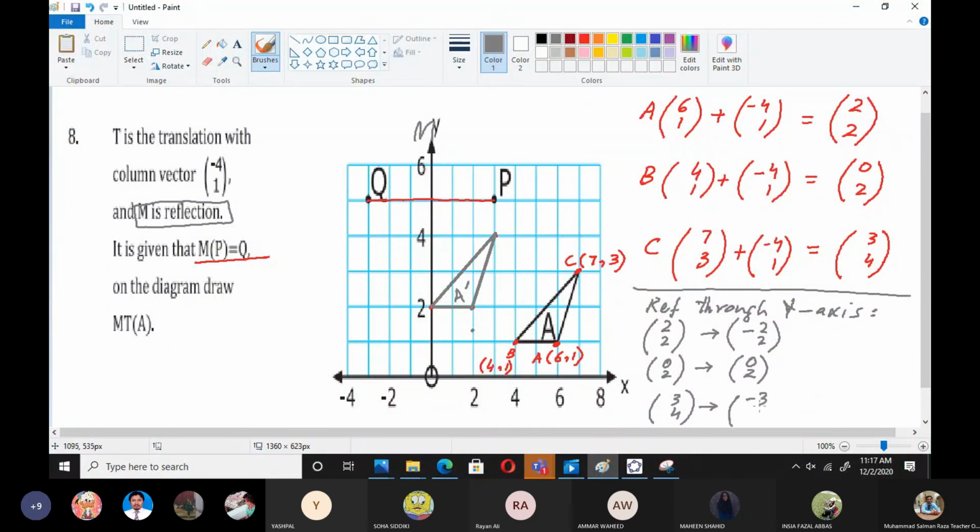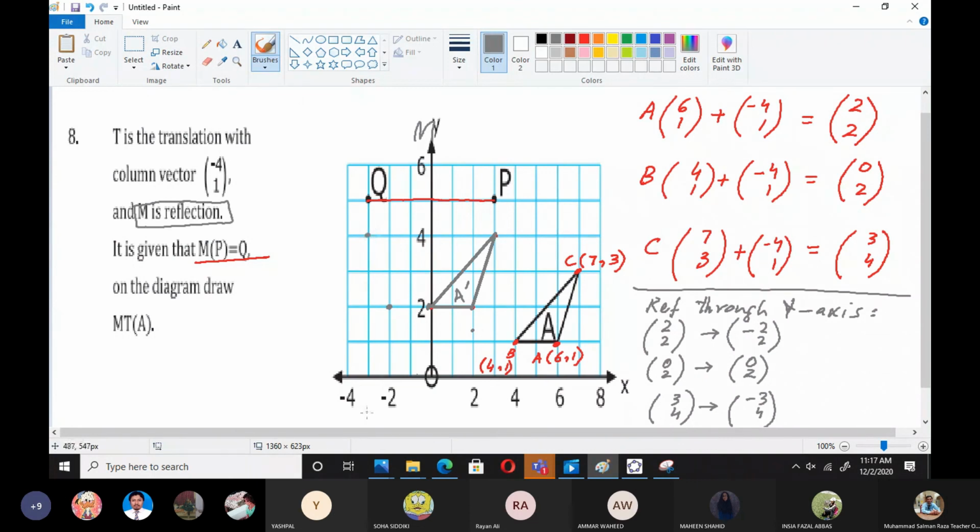And minus 3 and 4. It is going to be minus 3 and 4. So I'm going to be very quick. Minus 2 and 2 will be this point. 0, comma 2 is this point, and minus 3, comma 4 is this point: minus 3, comma 1, 2, 3, 4.